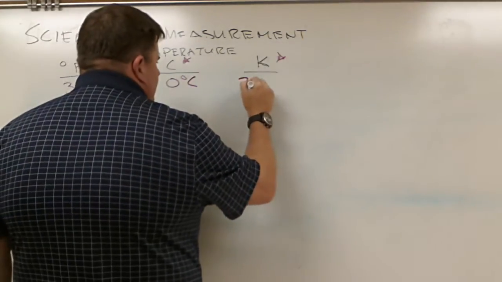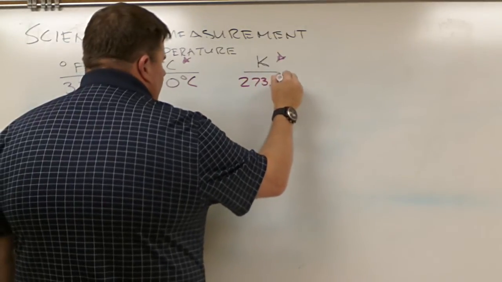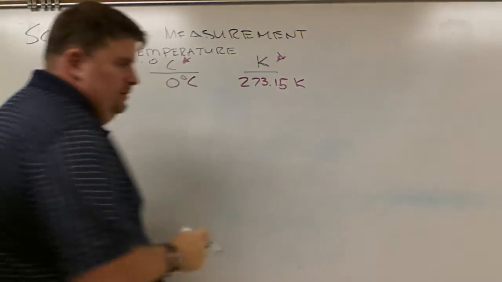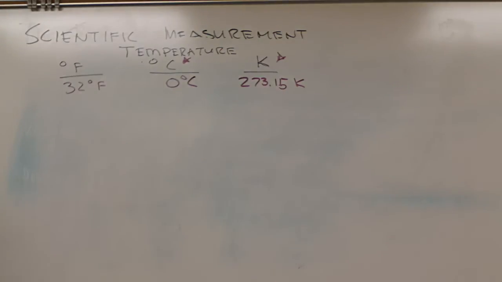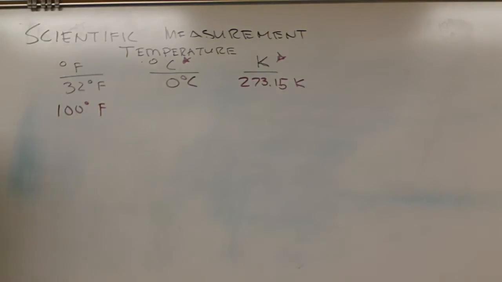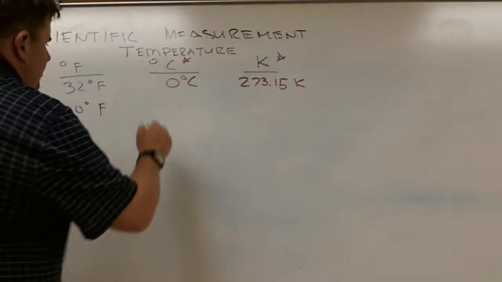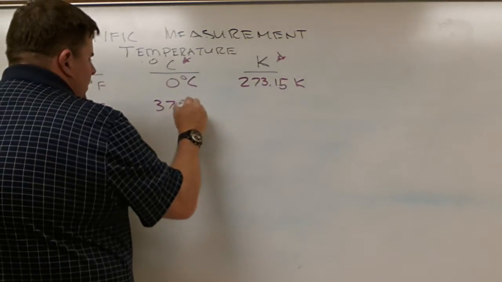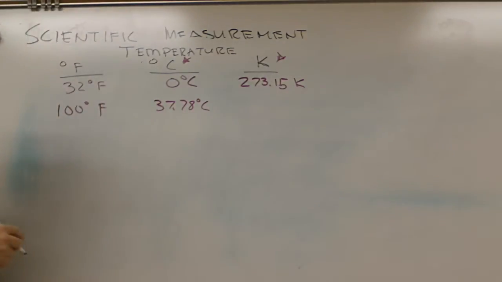And at this point, this is 273.15 kelvins, or degrees K. I call it kelvins. I was always taught that with Kelvin, you don't say degrees Kelvin, but that's just me, okay? When I get up to 100 degrees Fahrenheit, my degrees as far as Celsius goes, I move to something that isn't really that clear, and I get a temperature of 37.78 degrees C. Okay?